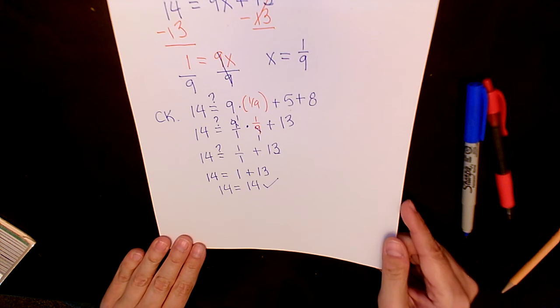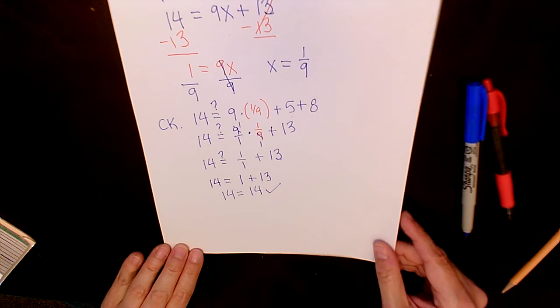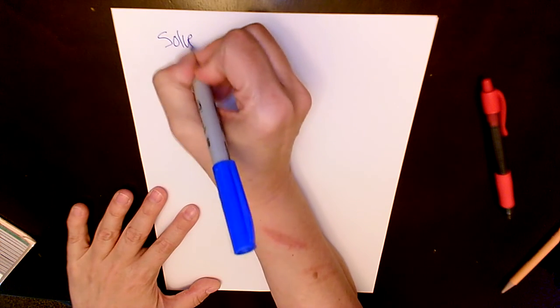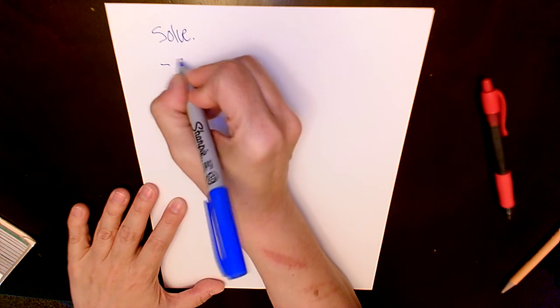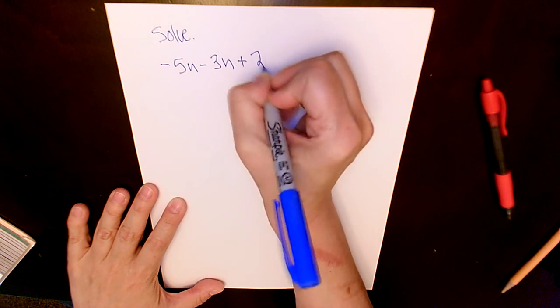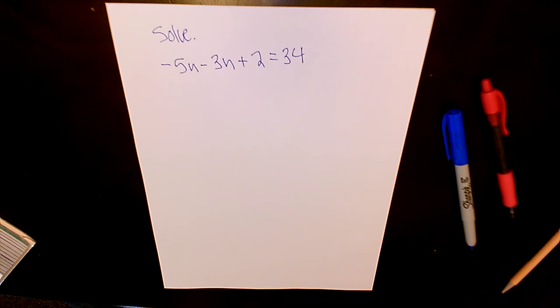Okay, let's try one more. Throw some negatives in there. So we want to solve negative 5n minus 3n plus 2 equals 34.